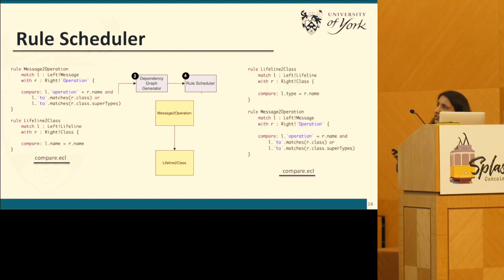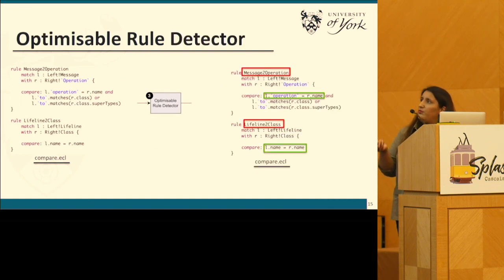So the rewritten program would put the second rule at the top and the message to operation one below it, because when we ask for this matches operation, the result would already be calculated by this rule, right? So the idea is to use the input of the dependency graph to schedule the rules.